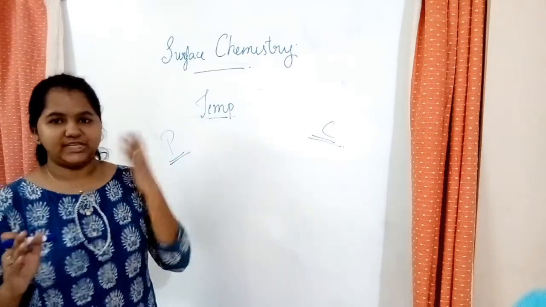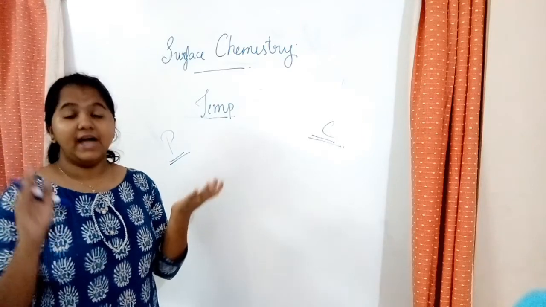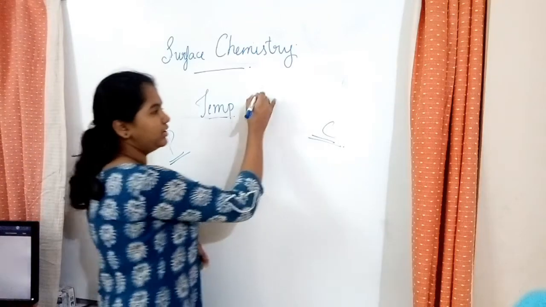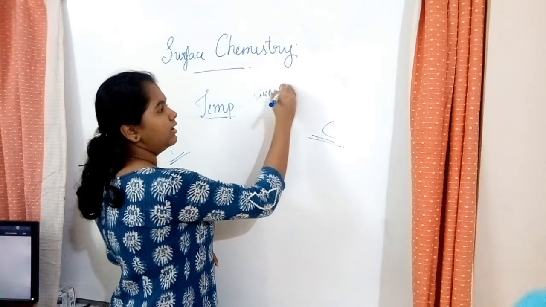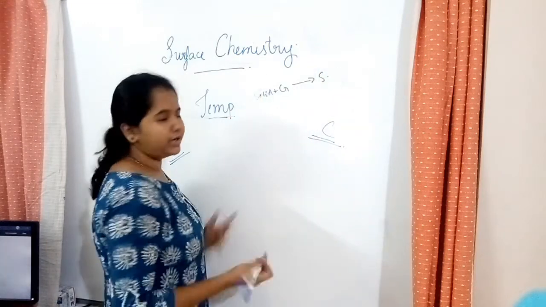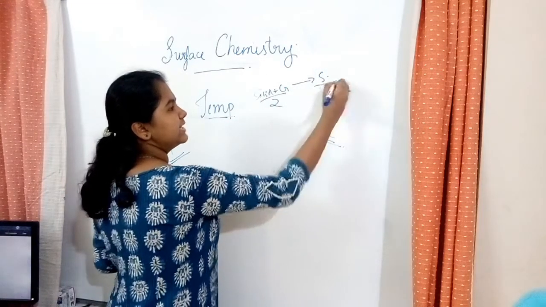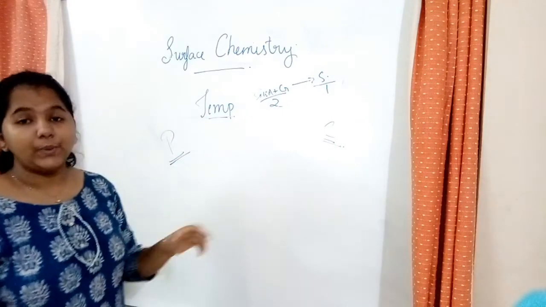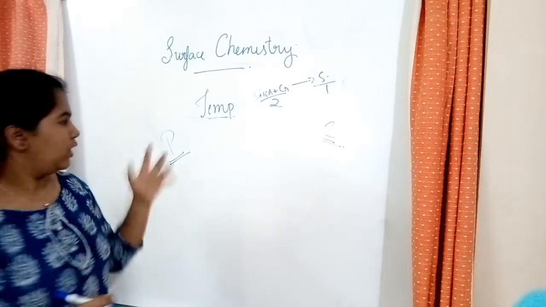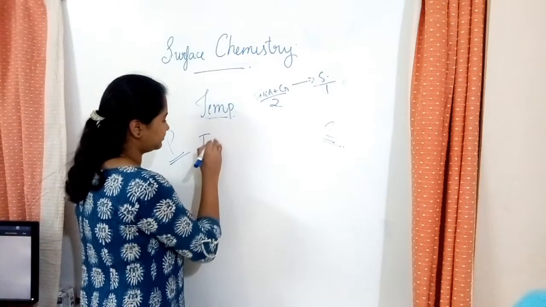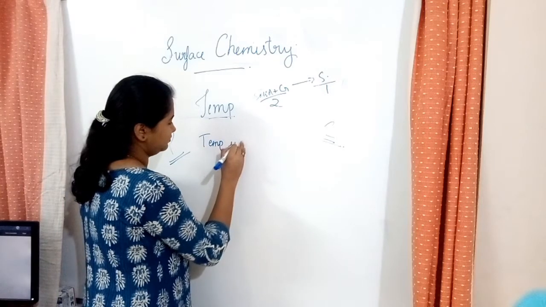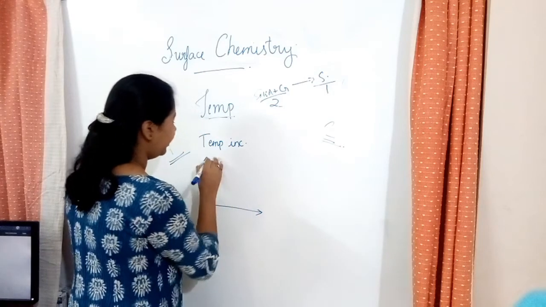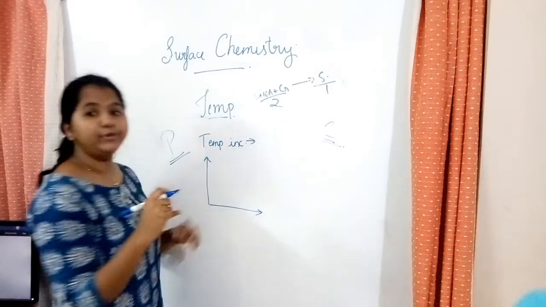As pressure increases, the adsorption also increases. I told you an example before: a solid plus gas would give a solid alone or a gas alone, so 2 moles are compressed to 1 mole. For physisorption, as temperature increases, the reaction would proceed in the direction of the endothermic reaction.